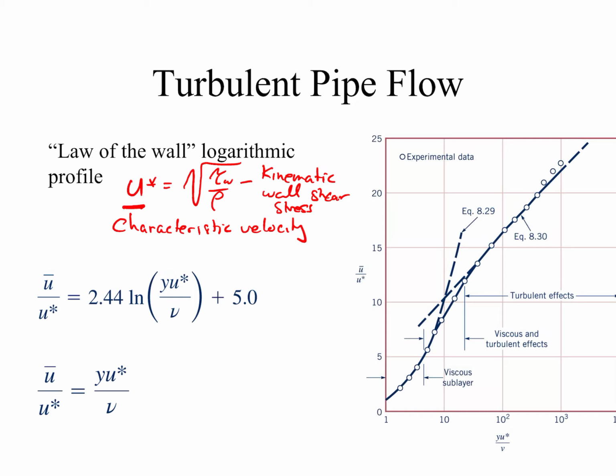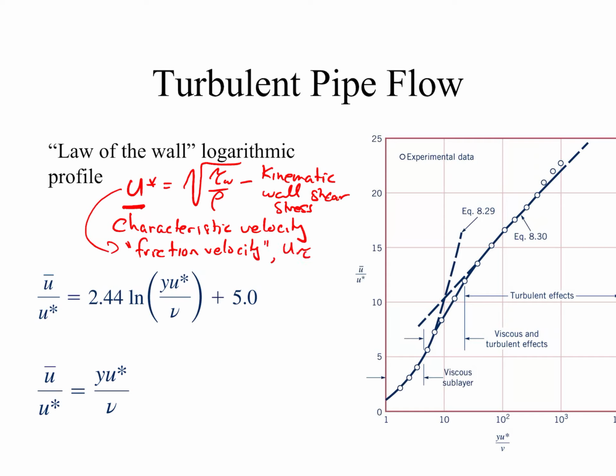And so we usually do some non-dimensionalizing of our velocity profiles by this characteristic wall velocity. Again, this U star is sometimes called the friction velocity, and in some places you'll see it called U tau as well.